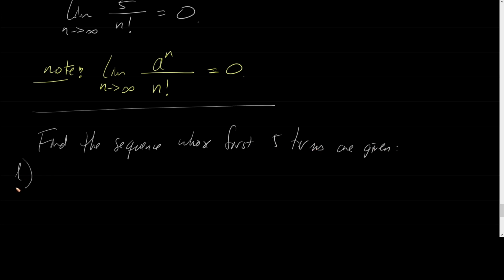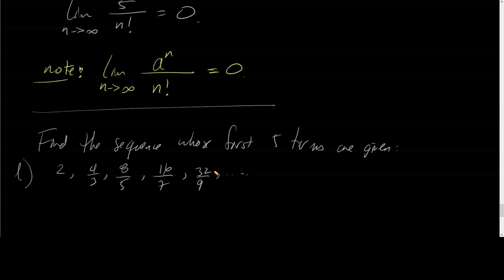So let's say that I have this sequence: 2, 4 over 3, 8 over 5, 16 over 7, 32 over 9, so on and so forth. 1, 2, 3, 4, 5, yeah.